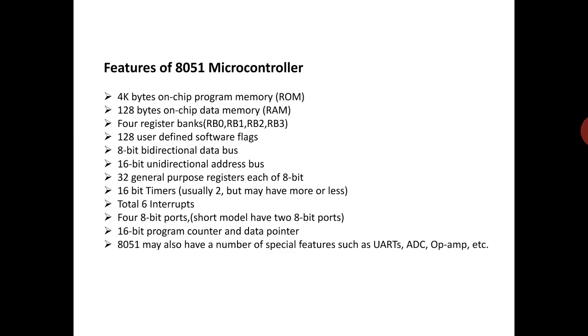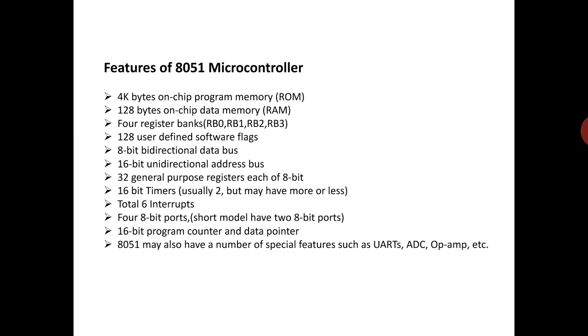Second is 128 bytes of on-chip data memory, that is RAM. Third is 4 register banks, namely RB0, RB1, RB2, RB3. Fourth is 128 user defined software flags.